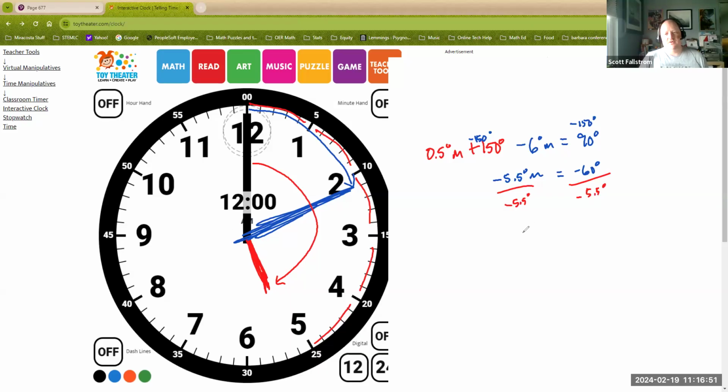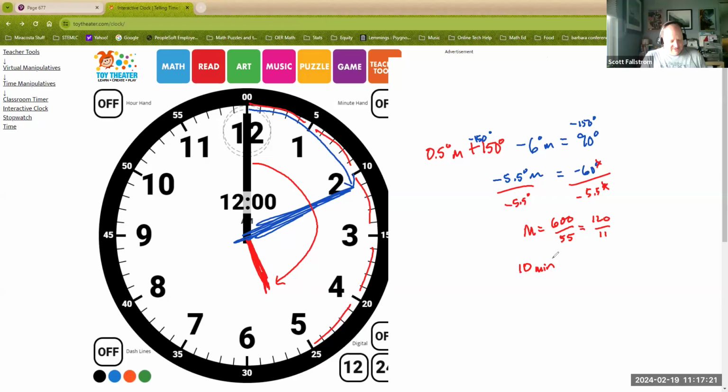And so M turns out to be 600 over 55. Again, just simplifying a little bit. The degrees go away, the minuses go away because negative divided by negative is positive. And this becomes 120 divided by 11. So 120 divided by 11, and I get 10 point something. So that's 10 minutes.